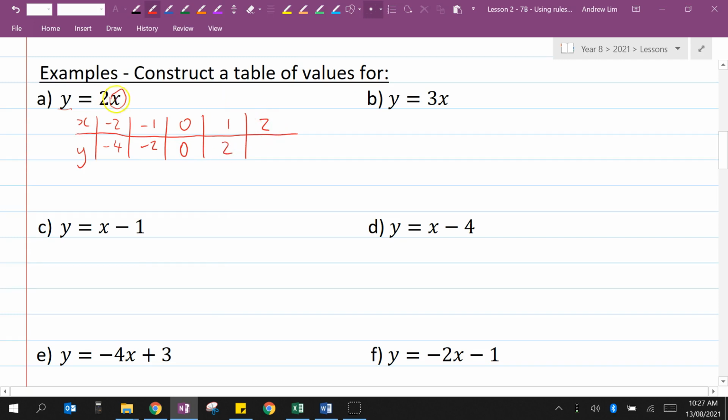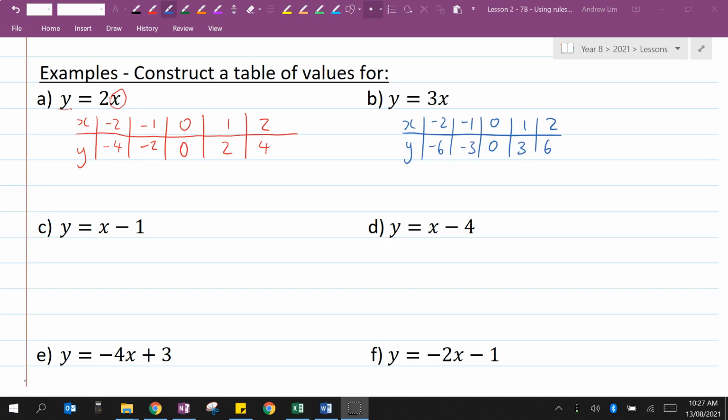If x is 2, 2 times 2 is 4. Okay, so I want you to have a go with question B by yourselves. I'll create a table of values here for you. Minus 2, minus 1, 0, 1, and 2. I'll get you to pause the video and have a go completing this one yourselves.